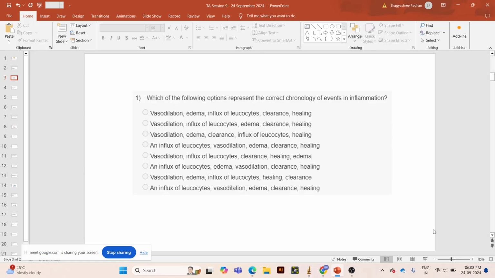Here is the first question: which of the following options represent the correct chronology of events in inflammation?